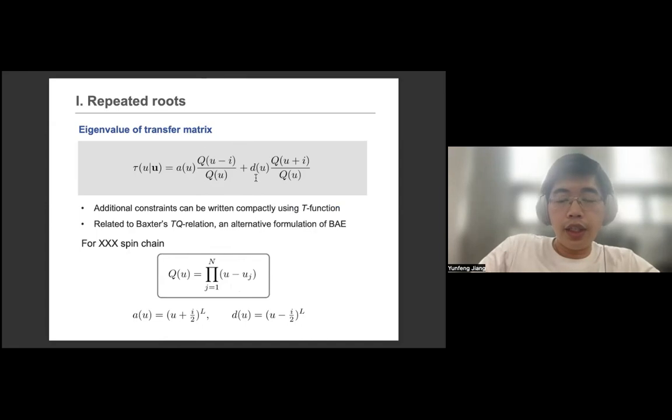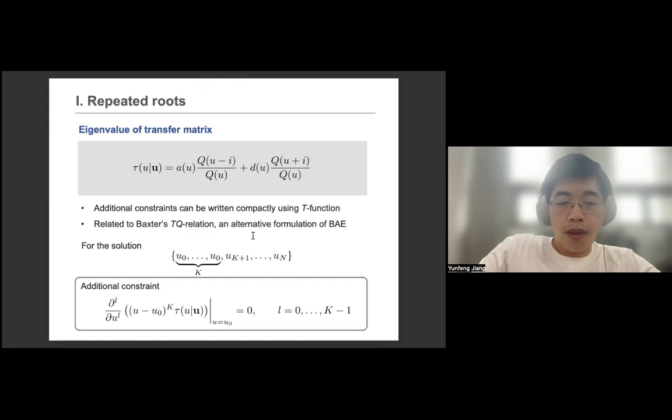We'll see that the additional constraints for the repeated roots can be written very compactly using this tau of u, which is the following. Suppose we have k roots, which we call u0, that are repeated, and the rest are not repeated. Then the additional constraint for u0 takes this form. You take derivatives l times, then put u equals u0, and you require this to be 0.